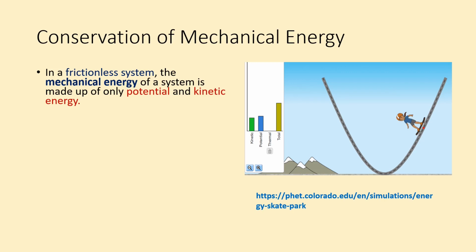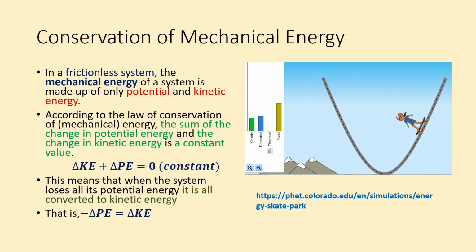There is always some loss of mechanical energy due to friction, heat, sound, etc. But here they've asked us to assume that the system is frictionless. So in that case, there is only a transfer between potential and kinetic energy, and when that happens, the total mechanical energy of the system remains constant.